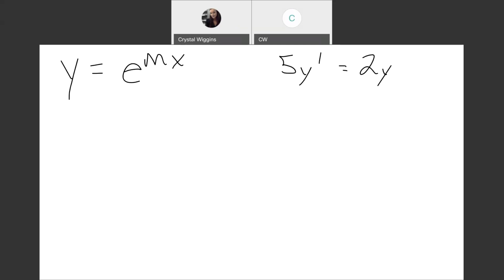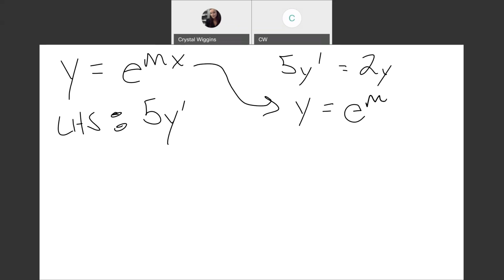So now the first step would be to look at the left-hand side of the differential equation, which is 5y prime. In order to do anything with this side, I need to find y prime. So I'm going to take my solution, y equals e to the mx, and take its first derivative.